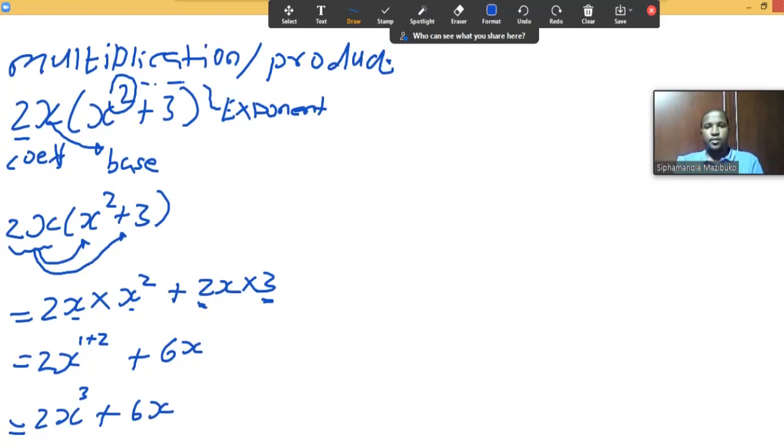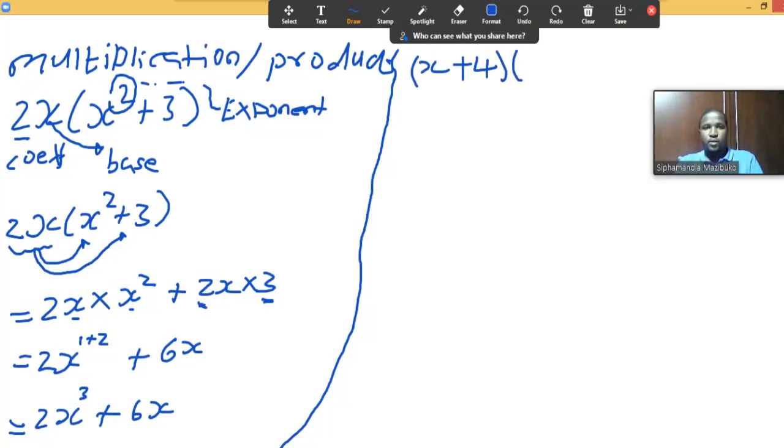Okay, let's try to look at this example here, which we can call example 2. Our example 2 is a binomial by binomial, and it's written as x plus 4 into 3x plus 2.